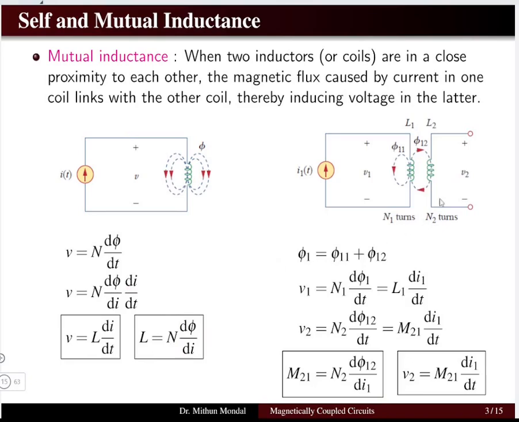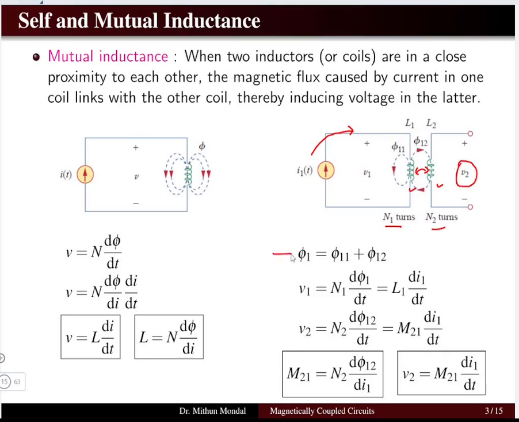On the other hand, if there are two coils in close proximity having number of turns N1 and N2, and in the first coil we supply some current, since both coils are linked with the same magnetic flux, a voltage will be induced in the second coil, given by V2.